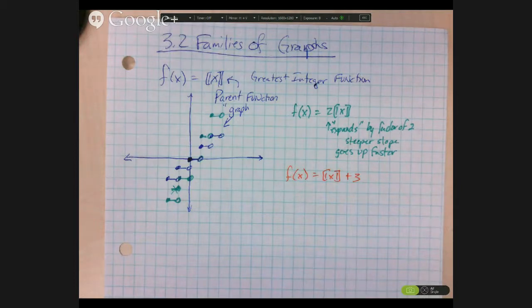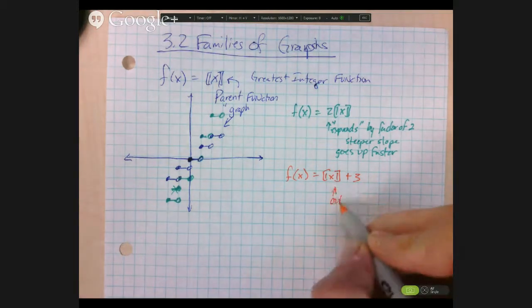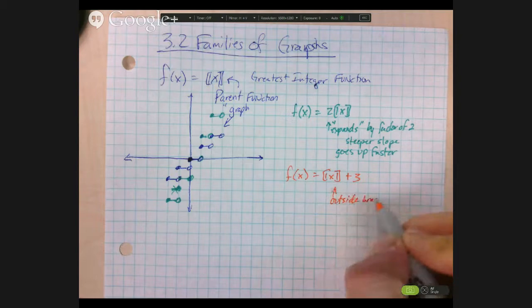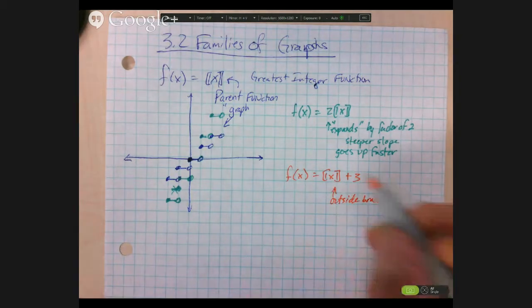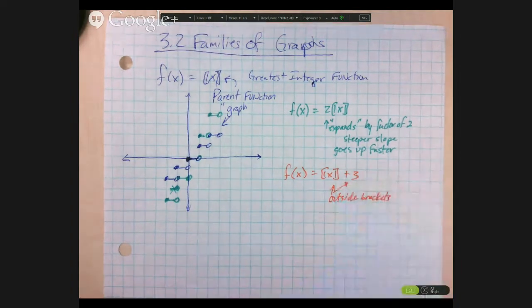Okay, now I've done something different to the parent. It has a new child. +3 outside of the brackets. Okay, what you have to understand is it's outside the brackets. What does it do? Up and down.